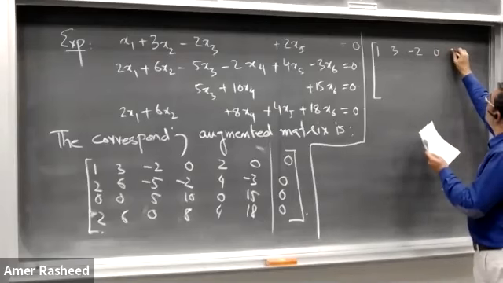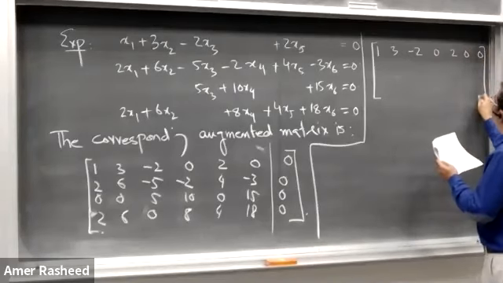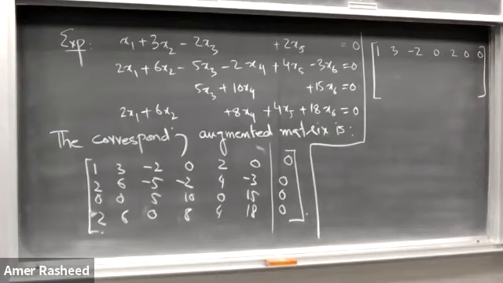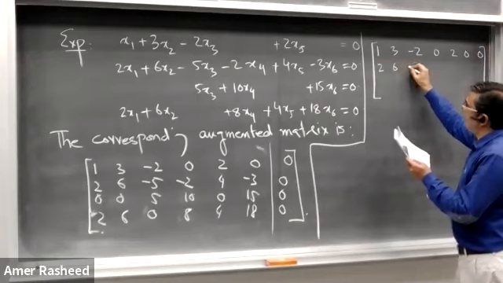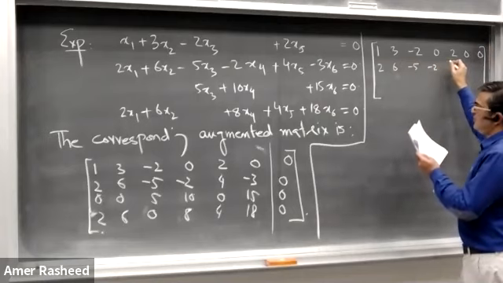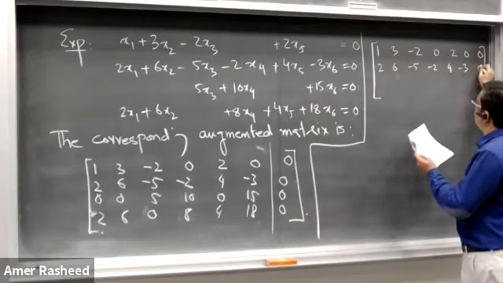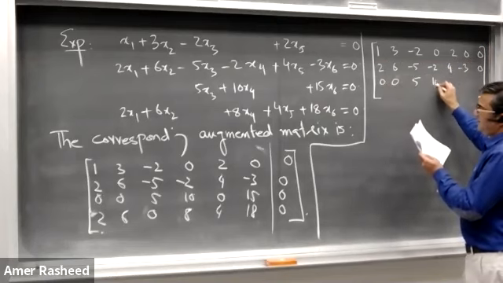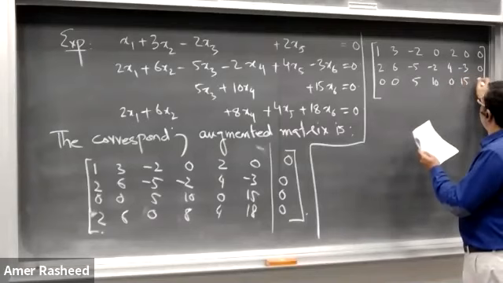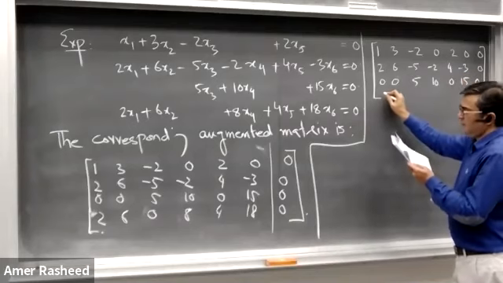So this is what I get: 1, 3, 0, 2, 0, 0, and then 2, 6, -5, -2, 4, -3, and then 0, and 0, 0, 5, 10, 0, 15, 0.